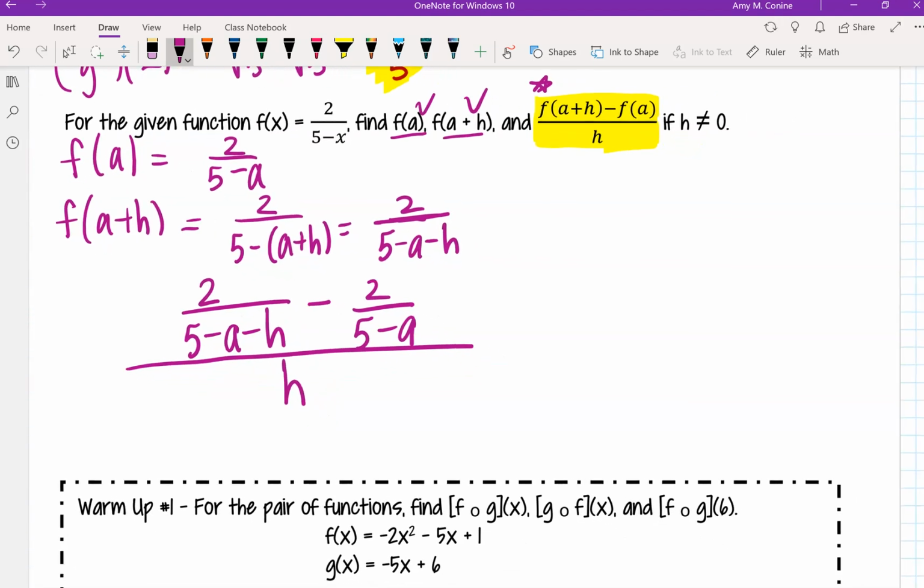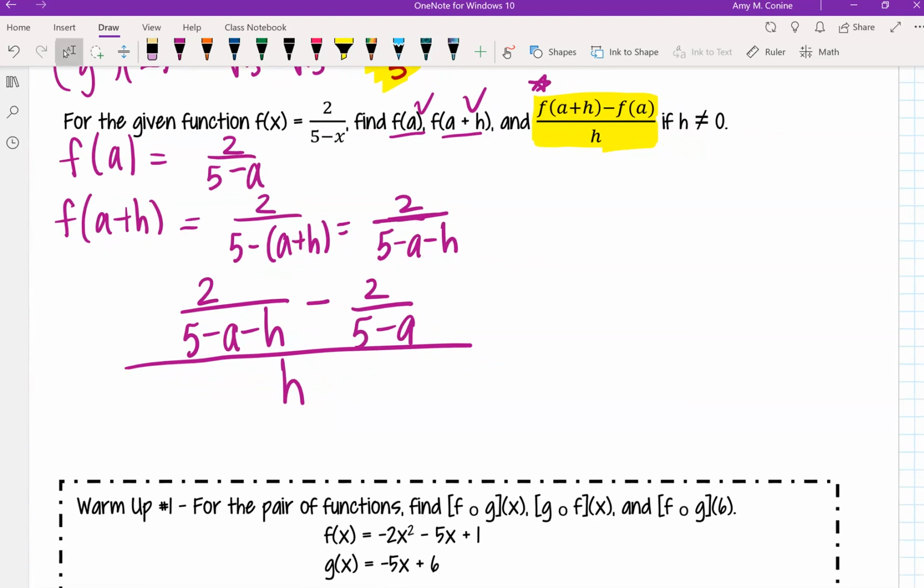Okay, so this is why we were doing complex fractions, because you see what we have here. So our goal is we need to get these two fractions to be in one fraction. So this goes back to that LCD that we talked about, lowest common denominator. So here it actually happens just to be each of them. So 5 minus a times 5 minus a minus h.